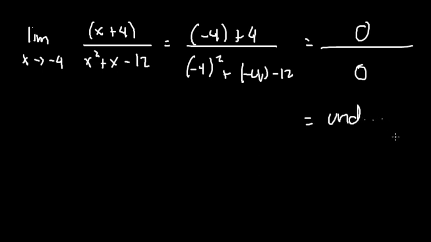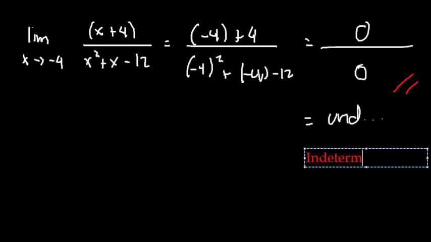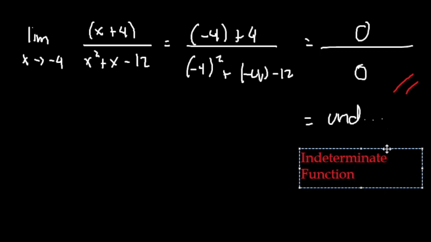Now, when you see something that is in the form of 0 over 0, we call this an indeterminate function. Type ko na lang. Pangit ang sulat eh. It is called an indeterminate function. Indeterminate functions are functions in the form of 0 over 0.